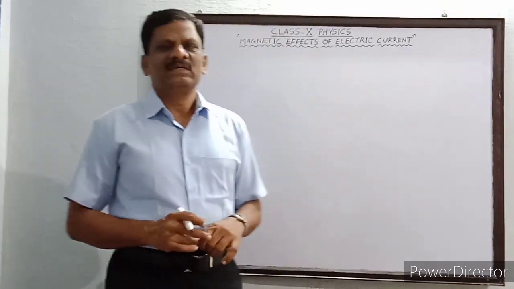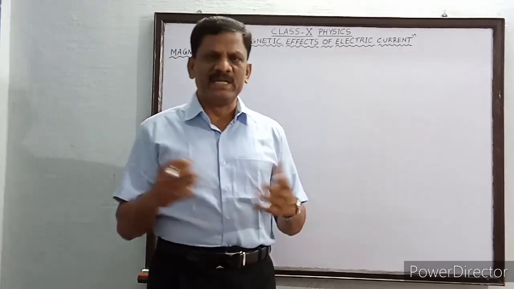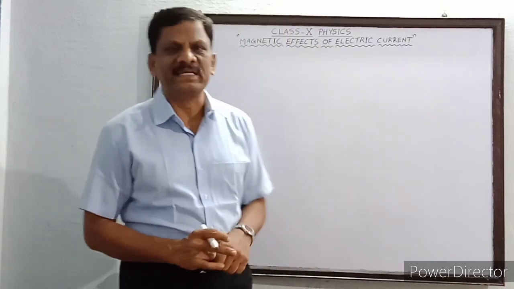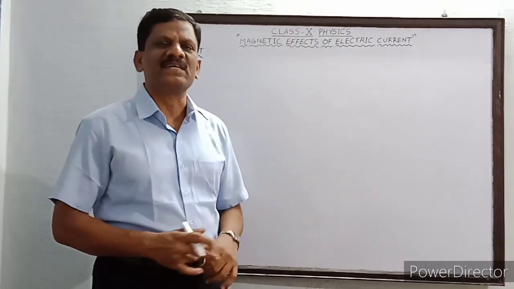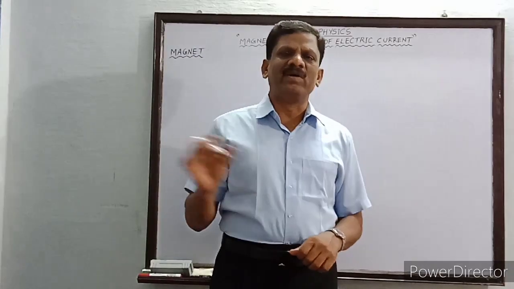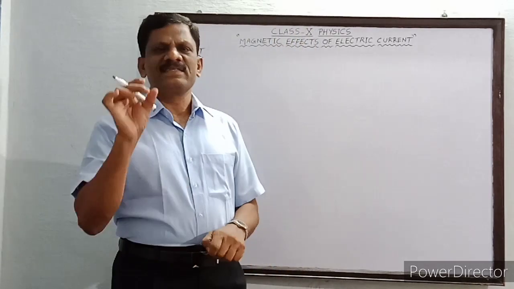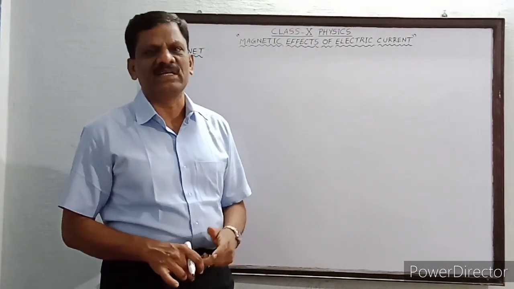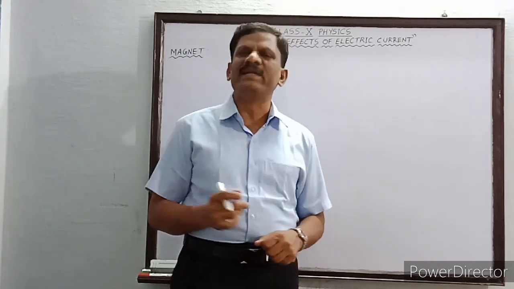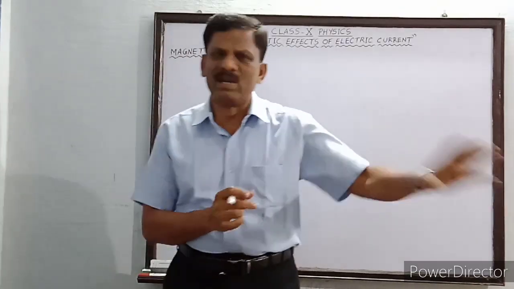But what is the history of the invention of the magnet? In your primary or secondary classes, you must have heard the story of the discovery of the magnet. There was a shepherd in Asia Minor, in a place called Magnesia. The shepherd had an iron pole and was casually digging in the ground, and that iron rod was pulled.